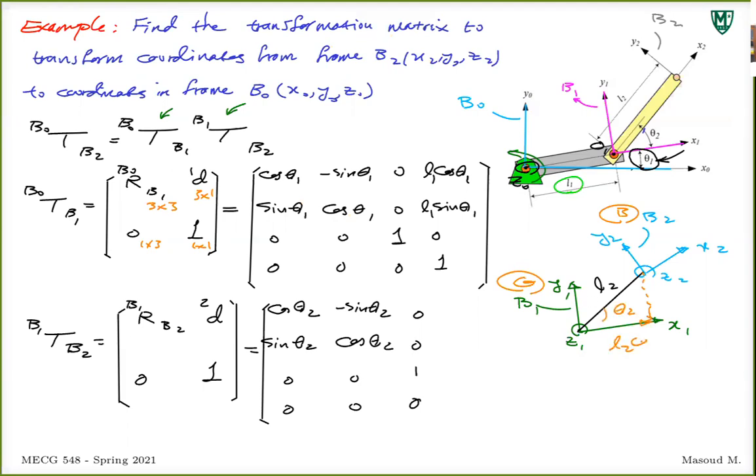This one becomes L2 cosine θ2, and right there, this becomes L2 sine θ2. So D becomes L1 plus L2 cosine θ2, L2 sine θ2, 0, and pretty much 1. That's pretty much it. The 1 is always 1.